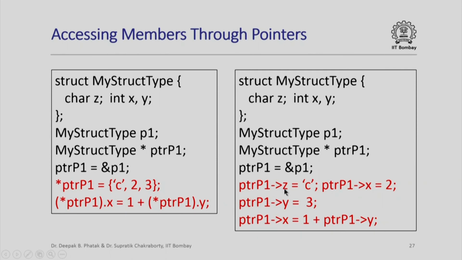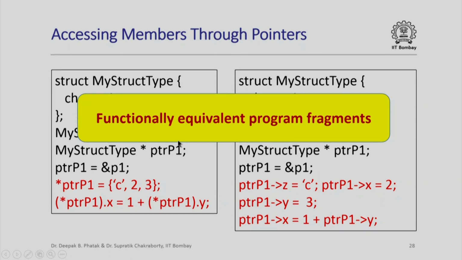Pointer P1 arrow Z is assigned C, pointer P1 arrow X is assigned 2, pointer P1 arrow Y is assigned 3. This will basically initialize P1 to the values C for Z, 2 for X and 3 for Y, and then instead of using star pointer P1.x and star pointer P1.y, I could rewrite this assignment statement using the arrow operators like this. So these are two completely functionally equivalent program fragments.